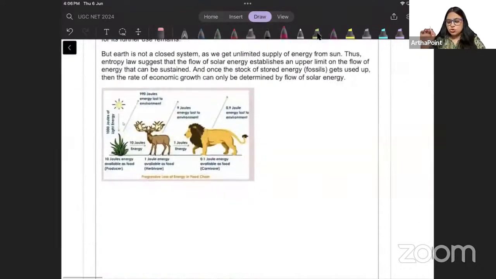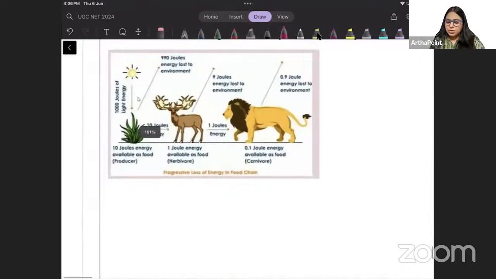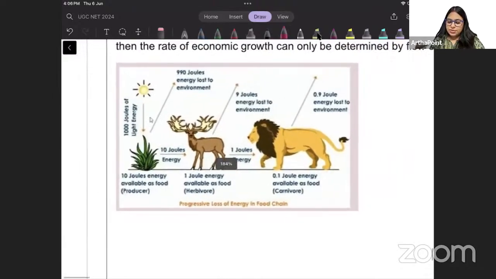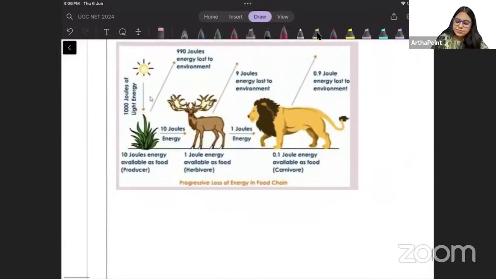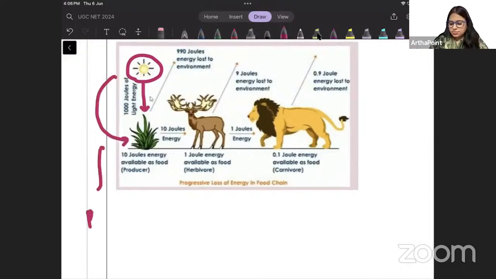अब समझने की कोशिश करते हैं what it is saying. Try to see this diagram बेटा. देखो, here what is happening, sun is providing sunlight, और ये sunlight plant ने process किया. But in the process what happened कि plant सारा sunlight नहीं process कर पाता.